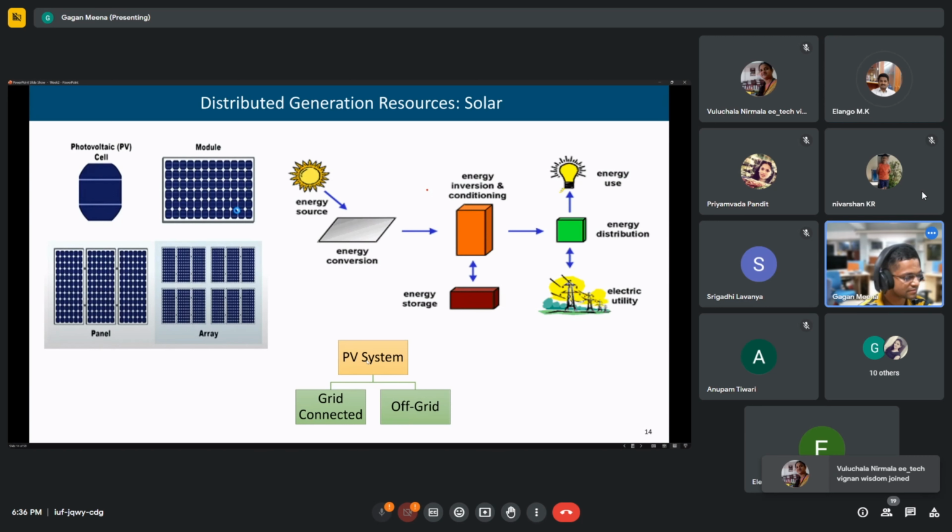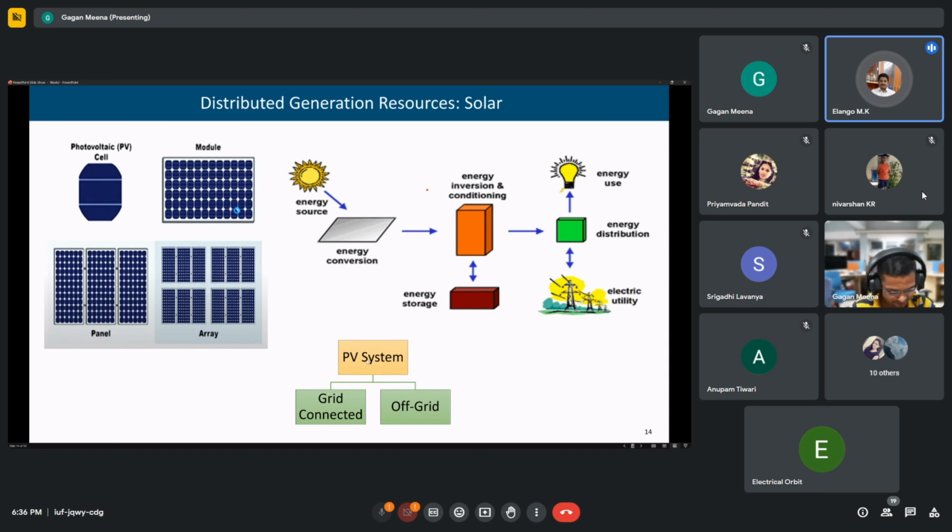Am I correct, sir? How is it equivalent to 12 volt? With 36 cells, that is a 9 by 4 configuration with a combination of series and parallel connections, how does it become a 12 volt photovoltaic system? What calculations are behind this?